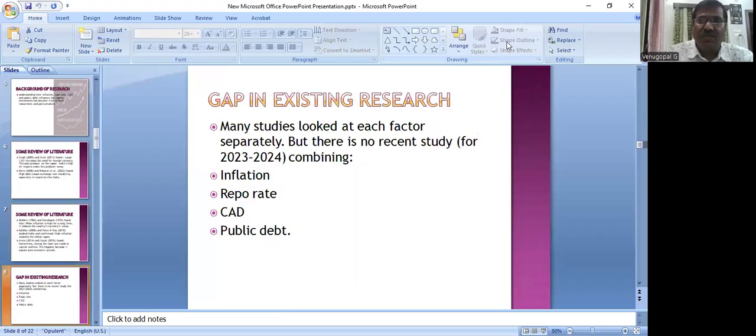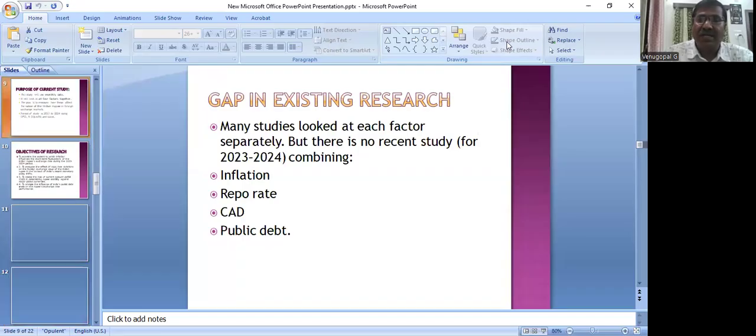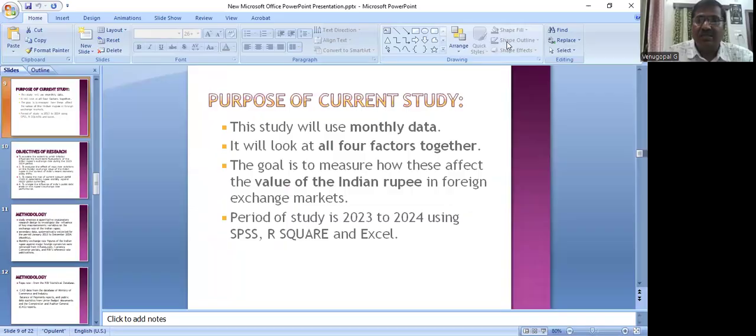So what I found in this research is many studies have been conducted, but for the recent study, because of economic factors and political factors, from January 2023 to December 2023, inflation rate, repo rate, current account deficit, and public debt have been considered, sir.